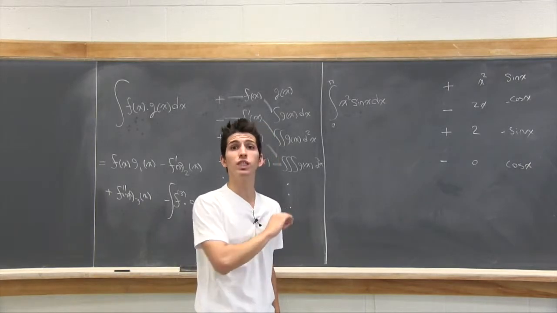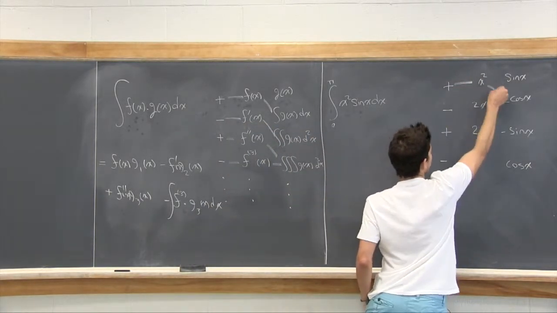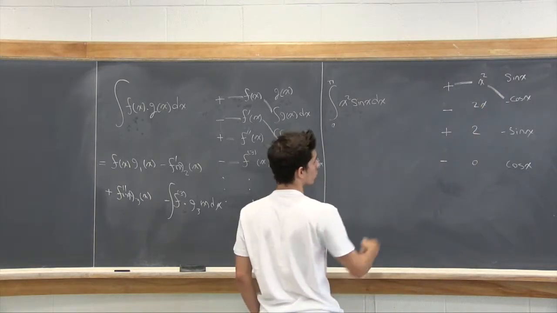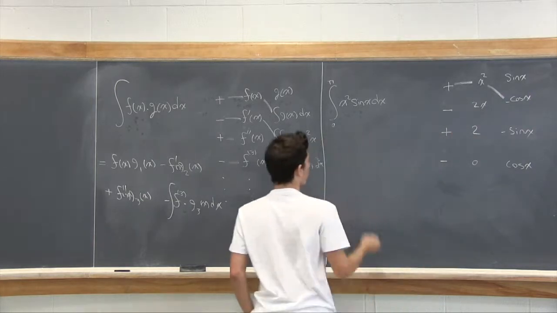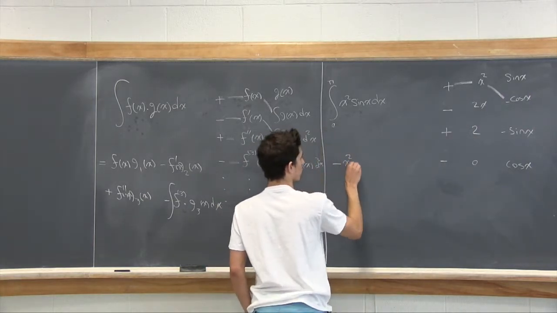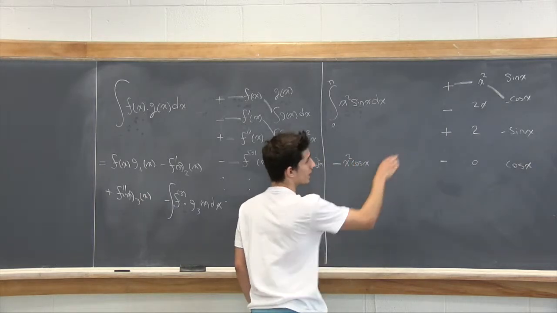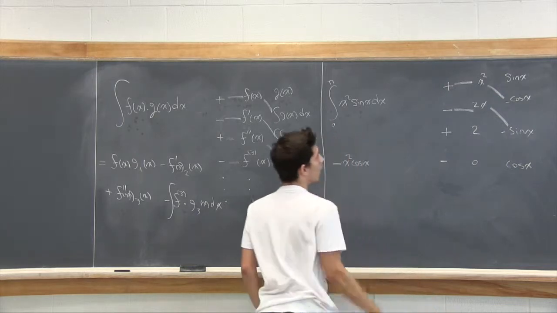Now it's time to read off the table. Remember, we go across and down. So our first term is going to be, our sign is going to be minus because it's minus times plus, plus. So it's minus x squared cosine x. Second term, again, we're going to go across and down.